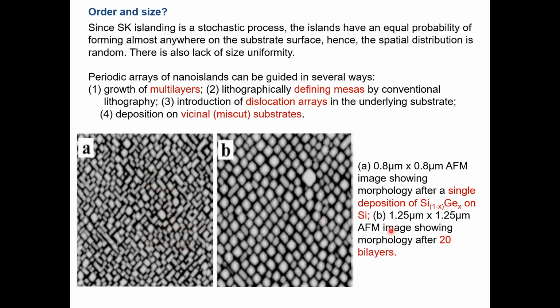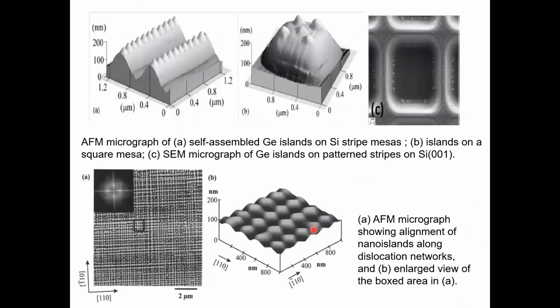But if you do this bilayer, 20 bilayers, keep on building this multi-layer, then you start seeing some ordering. So this is the example that you can guide the order, which is disordered here, and then by going multi-layer, eventually beyond a certain layer, you get some ordering.